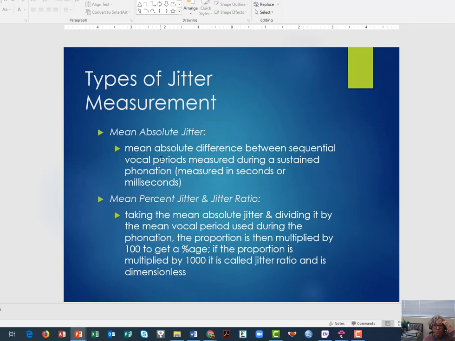Mean percent jitter is taking the absolute jitter from those contiguous cycles and dividing it by the mean vocal period used during the phonation. That proportion is then multiplied by 100 to get a percentage of jitter. If that proportion is multiplied by 1,000, that's the jitter ratio.